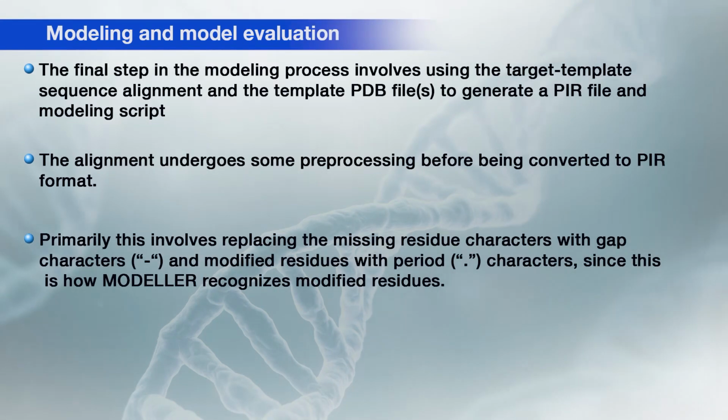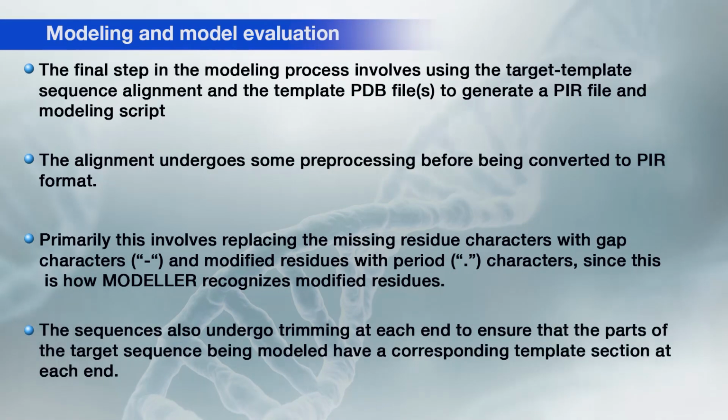Primarily, this involves replacing the missing residue character with a gap character, known as a dash, and modified residues with a period, known as a dot, since this is how MODELLER recognizes modified residues. The sequences also undergo trimming at each end to ensure that the part of the target sequence being modeled has a corresponding template section at each end.